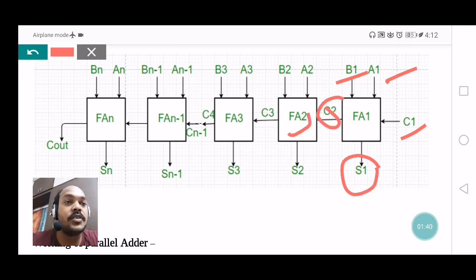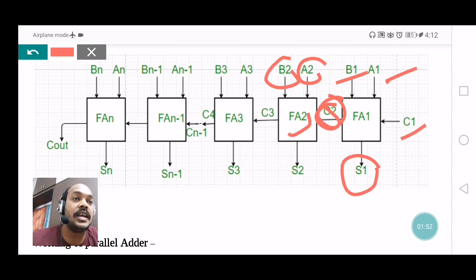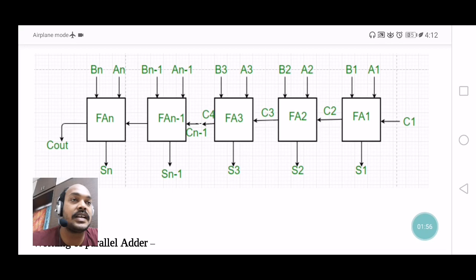Similarly, full adder 2 has three inputs A2, B2, C2. Here C2, which is the output of full adder 1, is the common terminal for both full adder 1 and full adder 2.